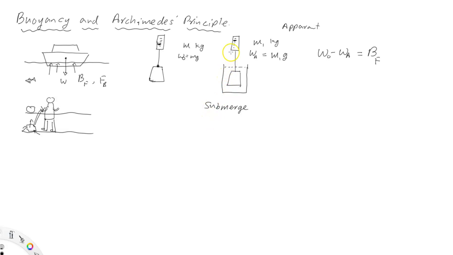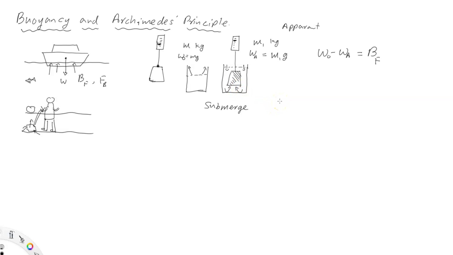When you insert this object into the water, you had the container with some water level, and now when you insert this mass into the container, the water level needs to go up, giving space to this new object. So that water level that rises is actually pushing back on this thing.